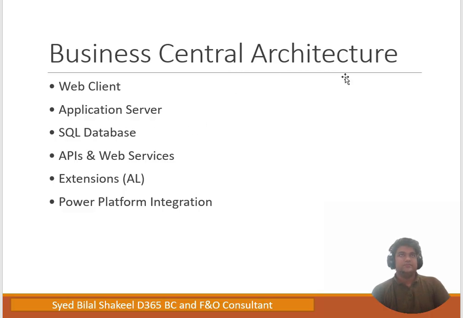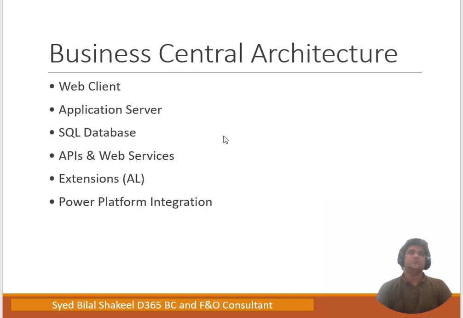So next is the Business Central architecture. In the architecture, we have the web client, application server, SQL database, API and web services, extensions, AL, and Power Platform integration. The web client is the UI of Dynamics Business Central. The application server manages all of the business logic and provides interaction to the SQL database and to the web client.